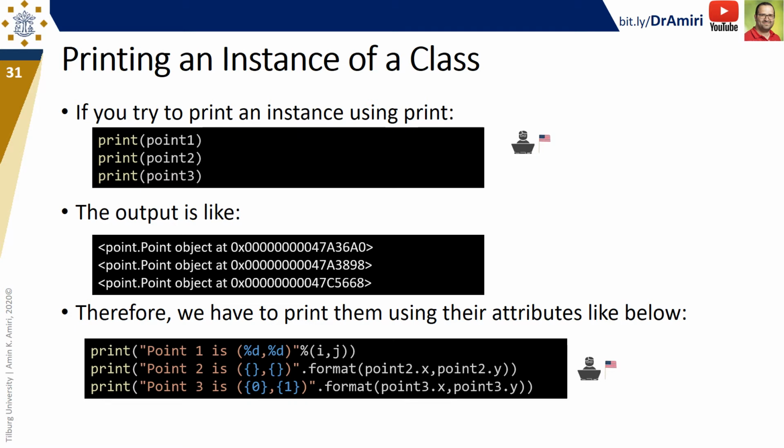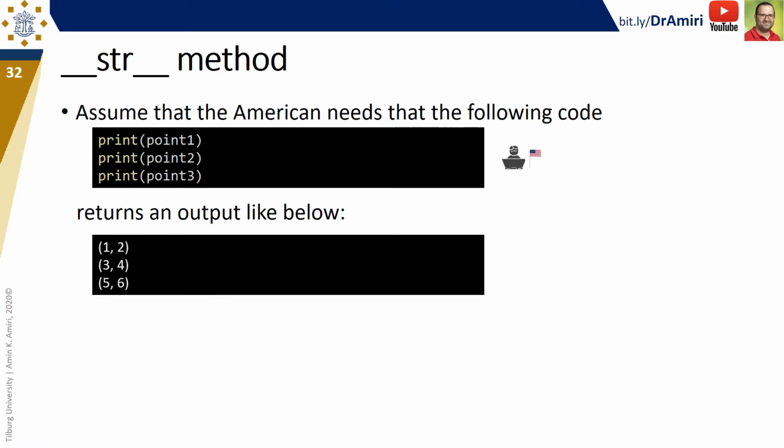So you cannot print an instance of a class directly, you can only print the attributes. But there is a special method that can allow you to print an instance of a class. That special method is dunder_str, two underscores, str, and another two underscores.